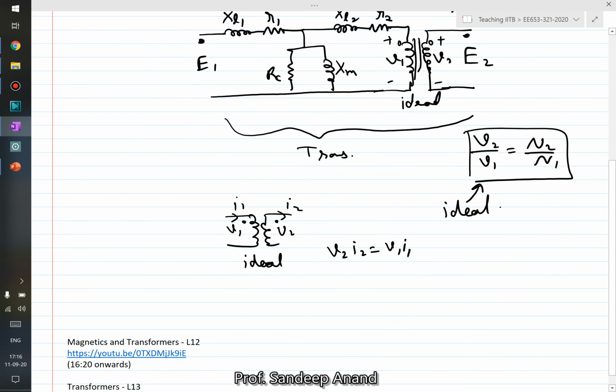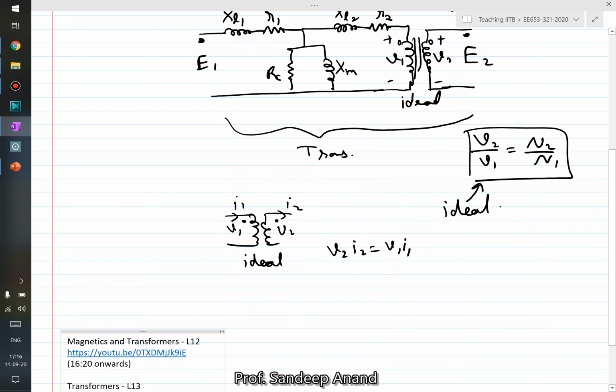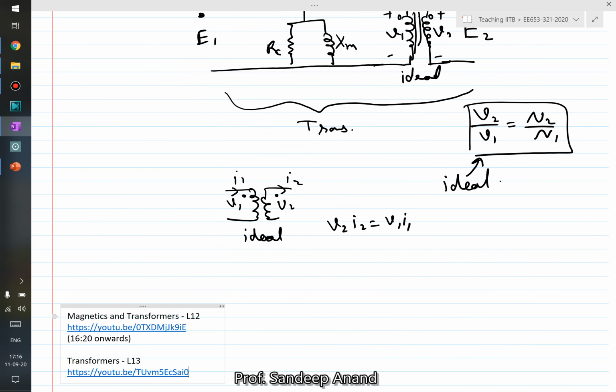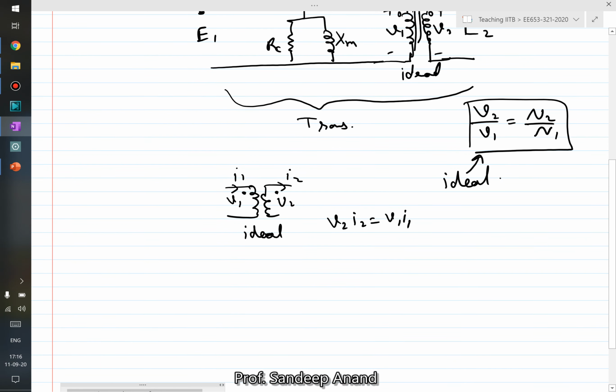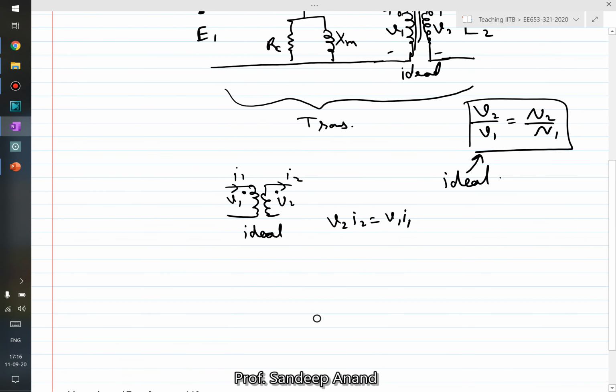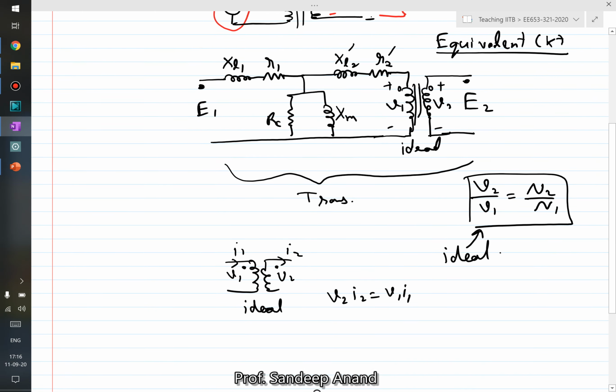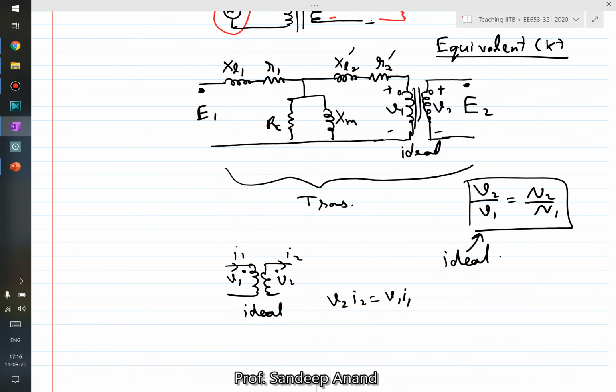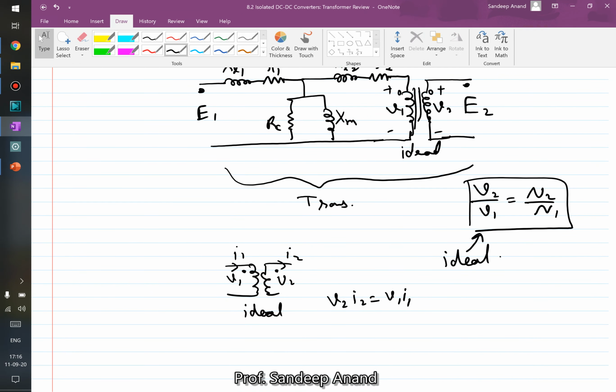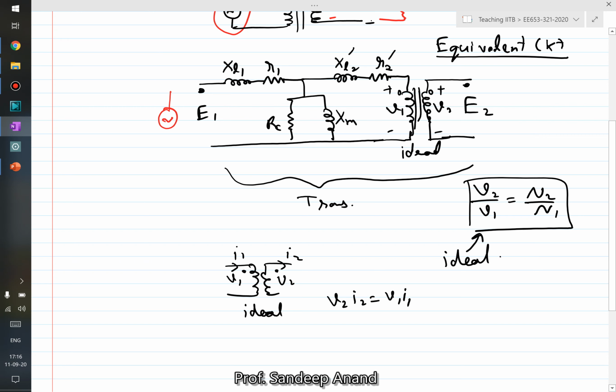But for a real transformer, anything can happen, depending on what you have connected on both sides. If you have connected a source on both sides, current can flow in. I can show you in this equivalent circuit. Let's say you have connected a source here and you have also connected a source here. Now current can come from here, flow in this direction.